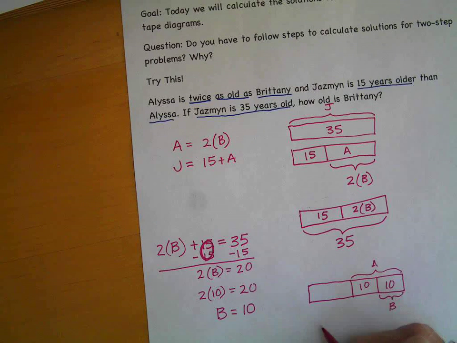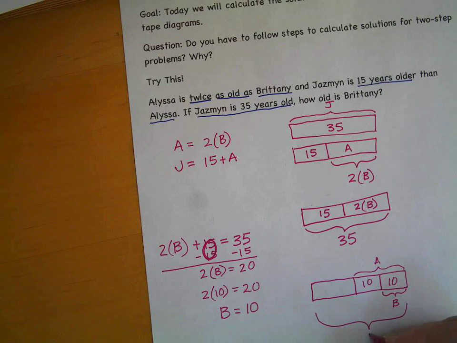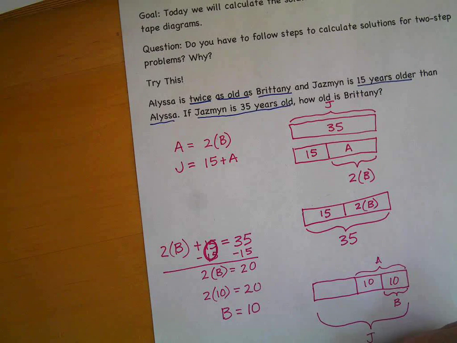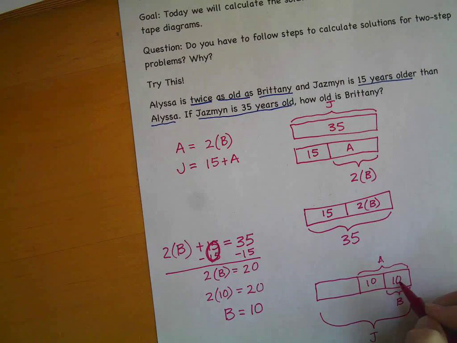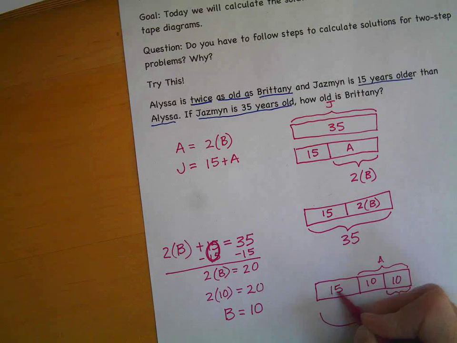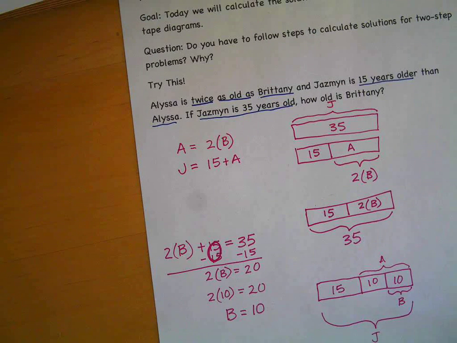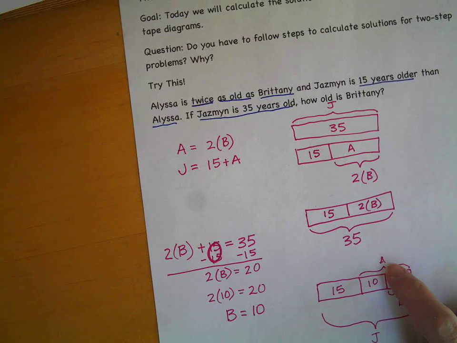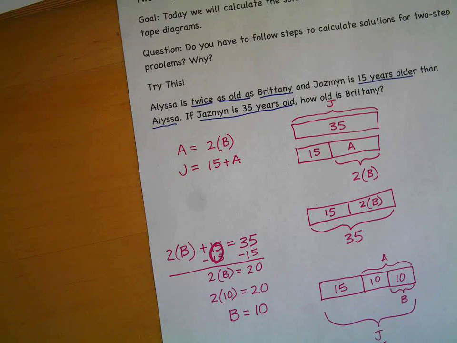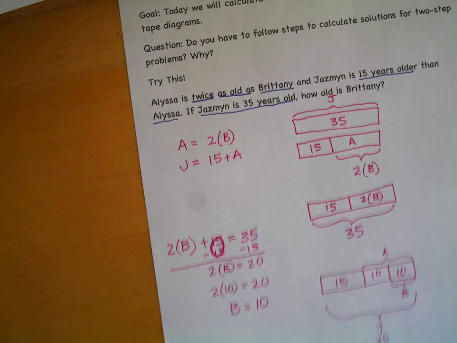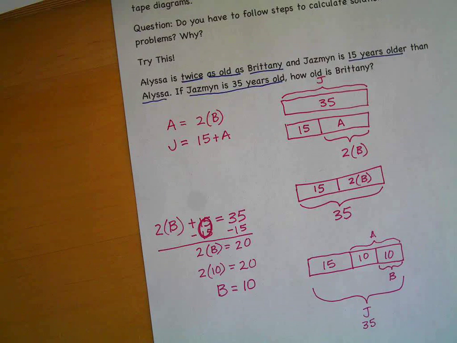And then we know that Jasmine is all of this combined, which is also equal to 35. And so we have 10, 20 plus 15 is 35. So now we have figured out how old Brittany is, how old Alyssa is, and how old Jasmine is. And we knew Jasmine because they gave us that information.